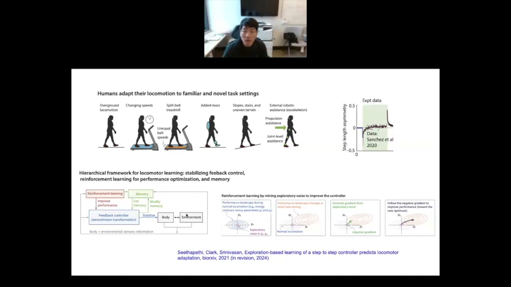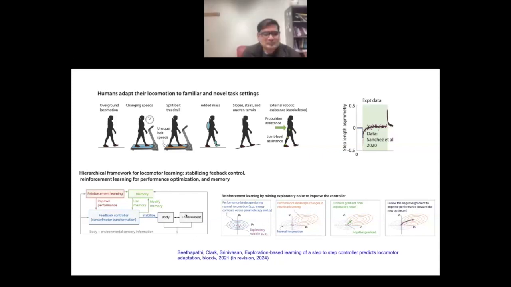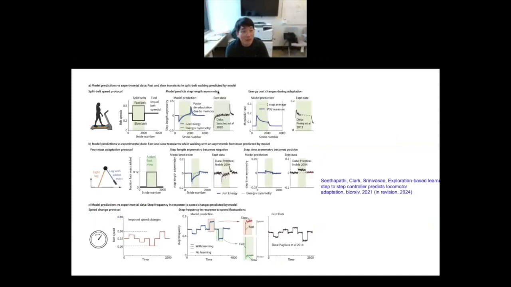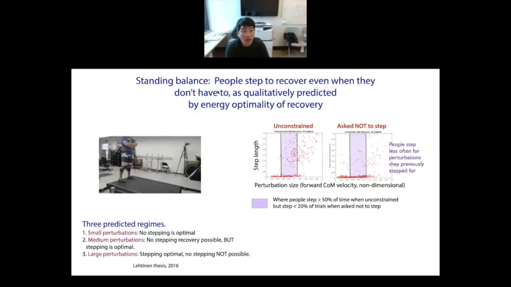Great talk, Manoj. I think it's somewhat aligned with the previous question, but energy optimality has been discussed for many years. What's your thought on using energy optimality for patient populations, like wearable robots?